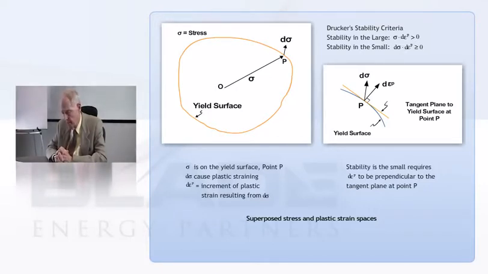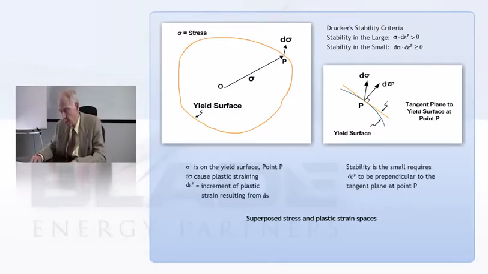Then it's the case that my d sigma could take any direction when I get to a point P. I can impose the stresses in any way I want, and every time the growth in the plastic, the growth in the yield surface, has to have a positive dot product. What that says is that this d epsilon p has to be normal to the yield surface.